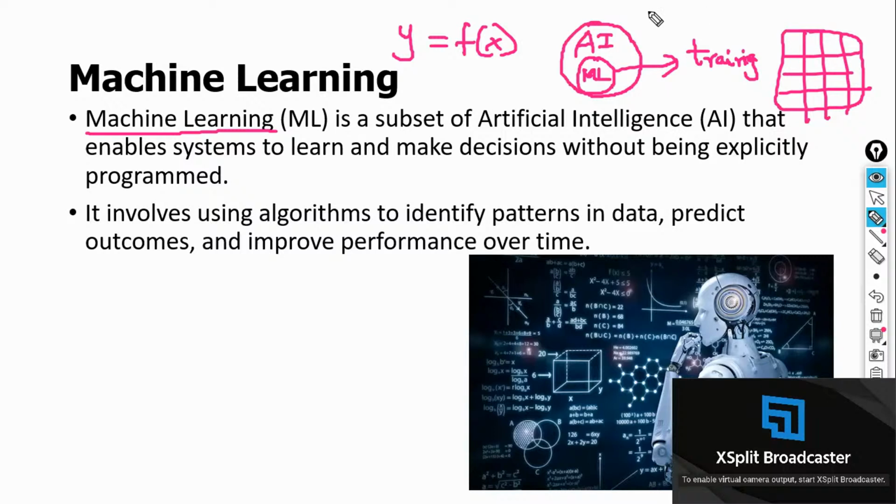Once this particular model is built, we can use this model on new data, and this model helps us go for predictions. If you pass only the inputs, it gives you the output. Is that possible? Yes, I'll show you everything.